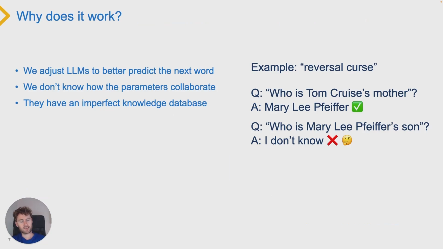Because this parameters file is not human readable, it's very hard to understand what particular individual neurons mean, and very hard to understand exactly why it works. But all that we do know, as an industry, is how to make the LLMs better.